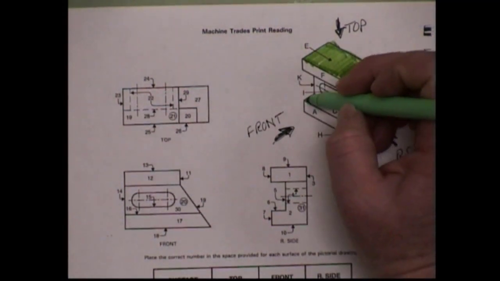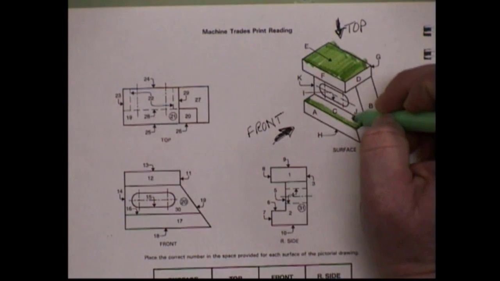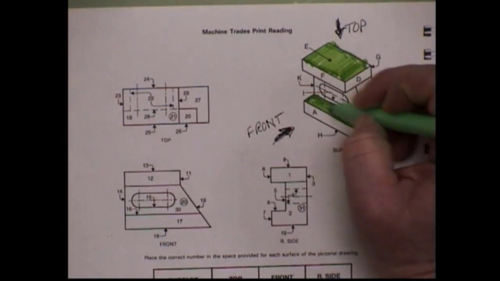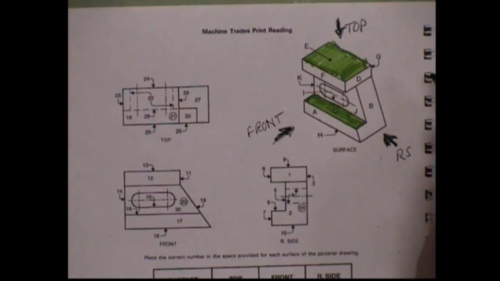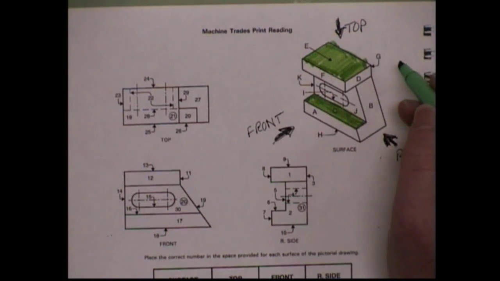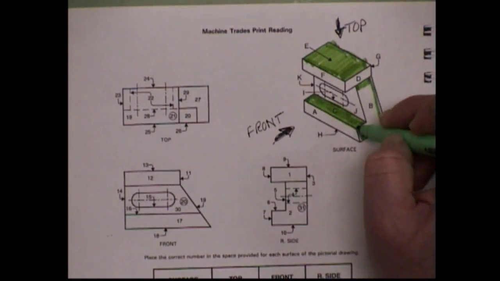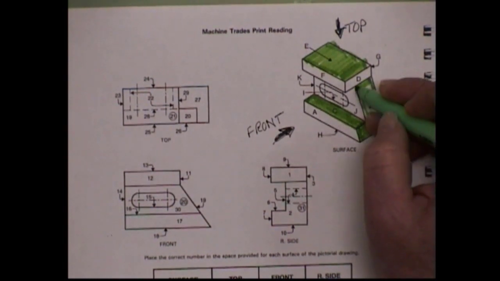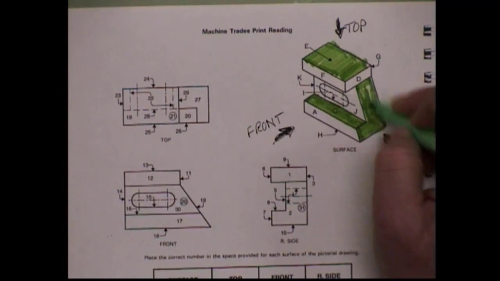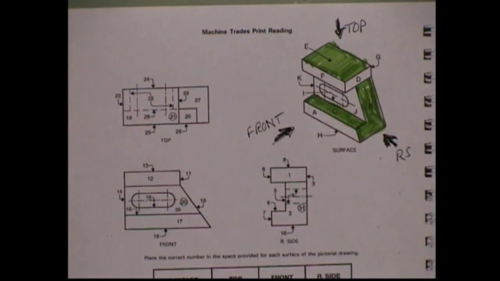Yep. So I'm going to color that one in. What about B? We're going to see B in the top view. We'll see a little bit of it, won't we? Because it's an inclined surface. It's going to look shorter than what it actually is, but we're going to see it.